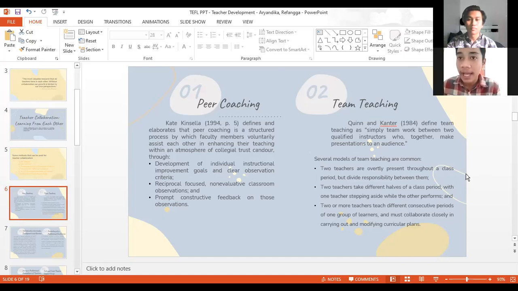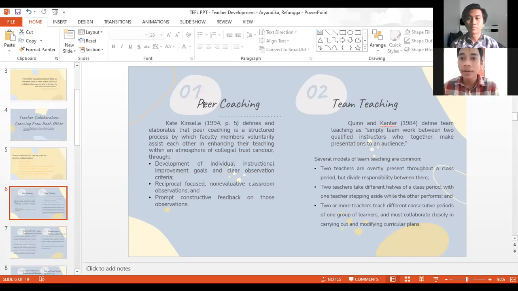Kate Kinsella defines and elaborates that peer coaching is a structured process by which faculty members voluntarily assist each other in enhancing their teaching within an atmosphere of collegial trust conducive to development of individual instructional improvement goals and clear observation criteria. And then reciprocal focus, non-evaluative classroom observation, and prompt constructive feedback on those observations.